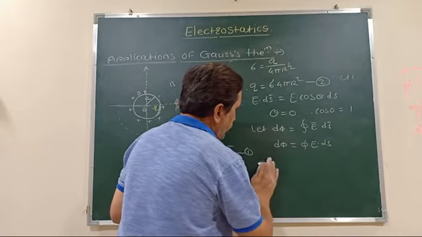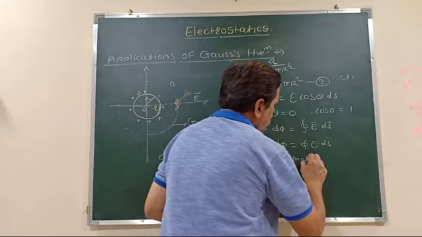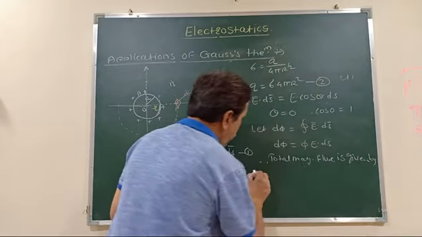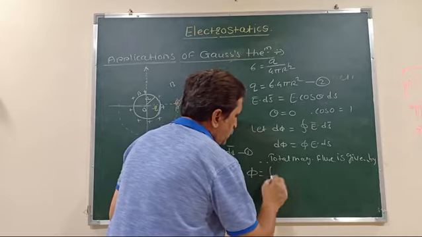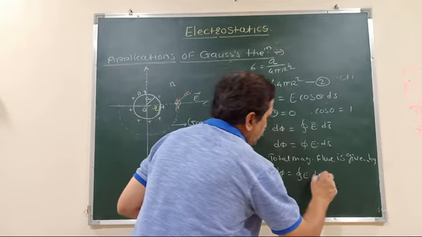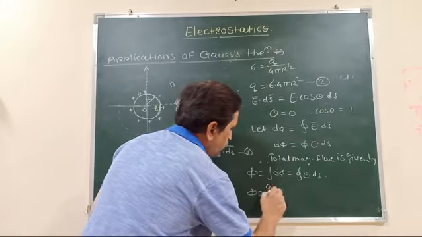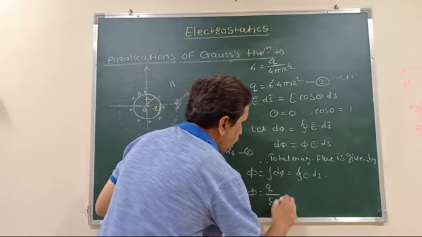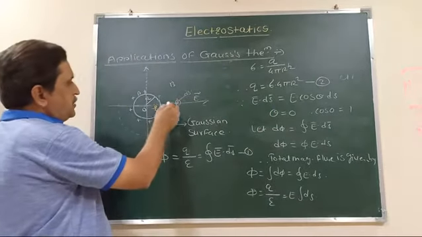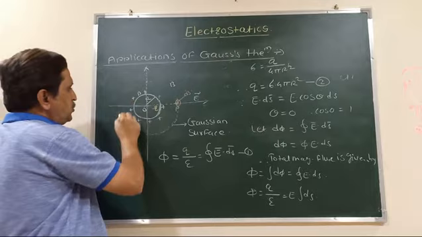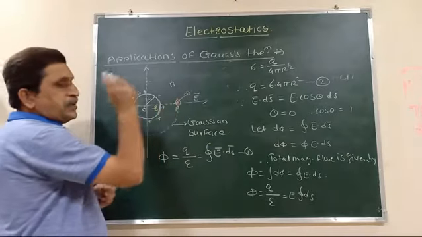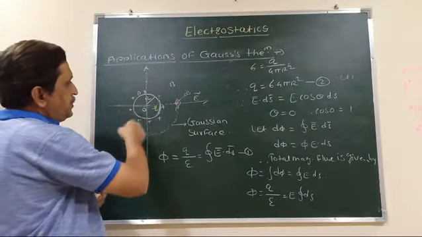Therefore, the total flux is given by phi equal to the integration of d phi, that means the integration of E into ds, which equals q divided by epsilon, equal to E times the integration of ds. Now if we collect ds, taking the integration of ds, we will get the surface area of the sphere B.